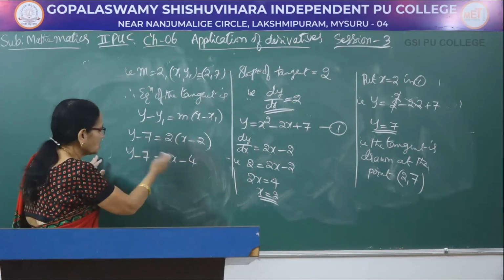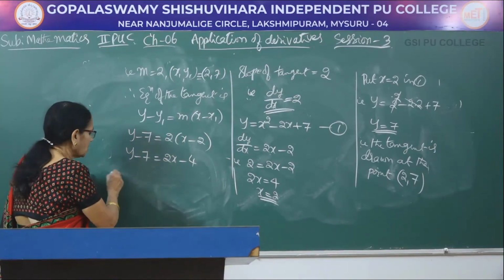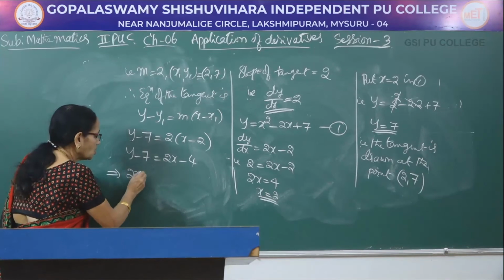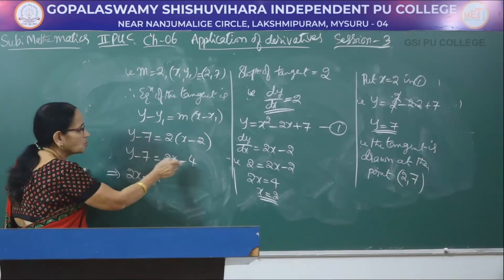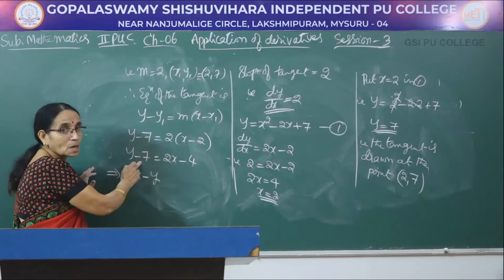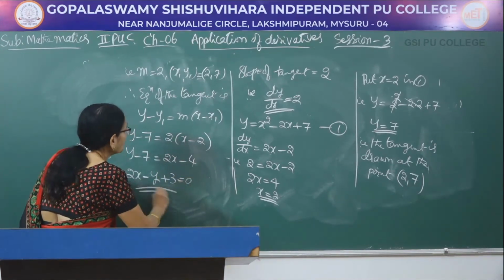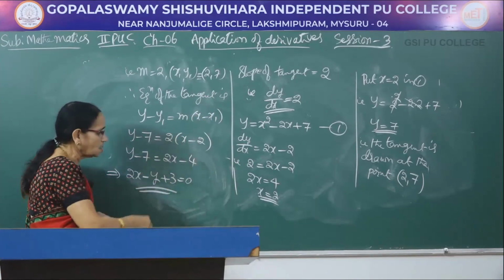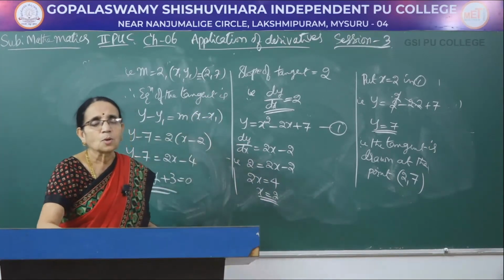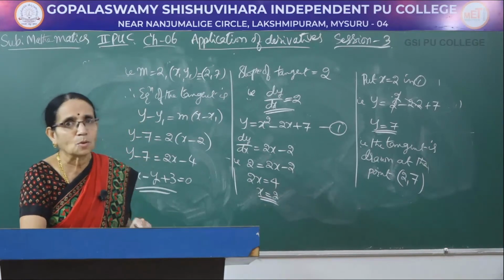Now take all the quantities to one side, that implies 2x minus y, minus 4 and when minus 7 goes to the other side it becomes plus 7, and this would be 3. Now this is the equation of the tangent. So equation of the tangent is 2x minus y plus 3 equal to 0.